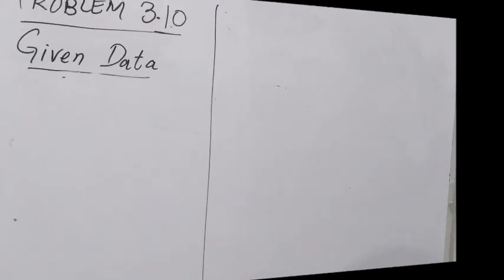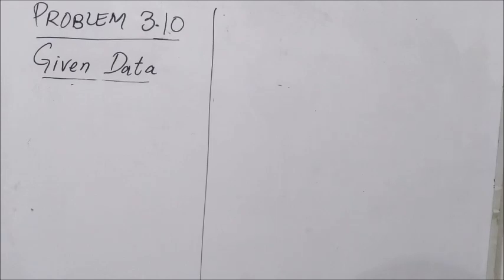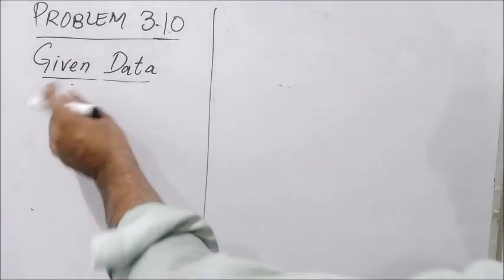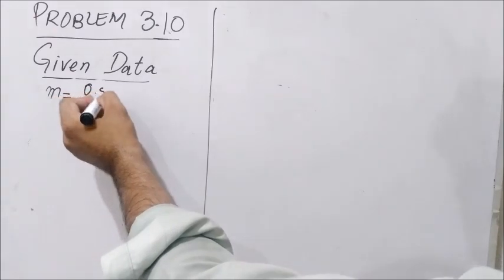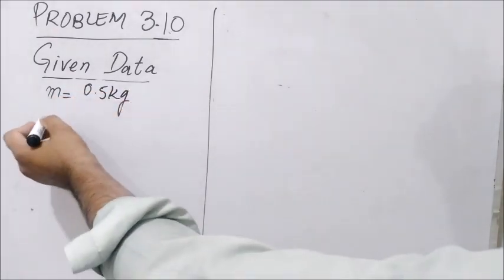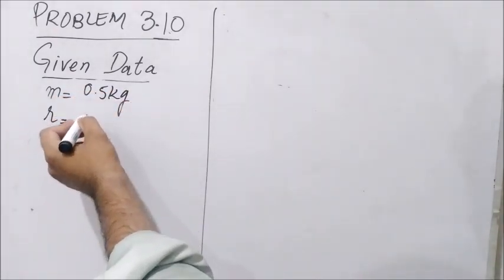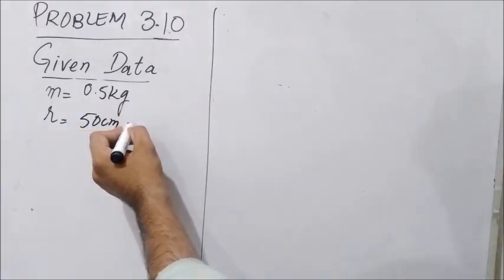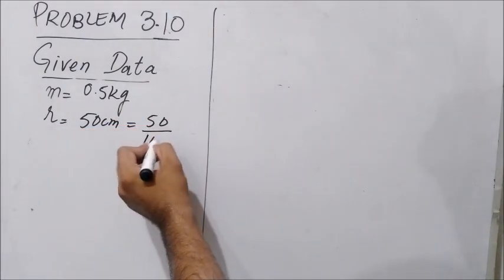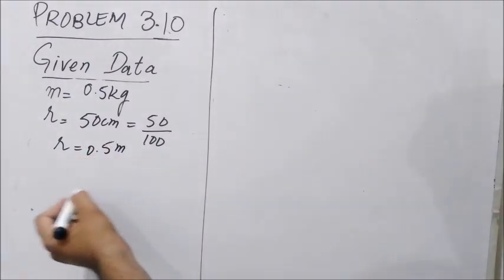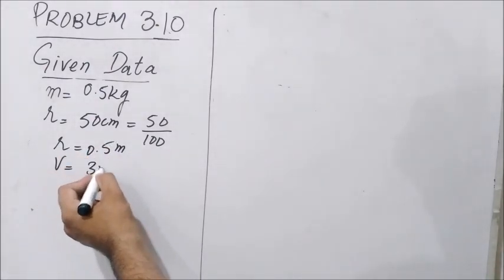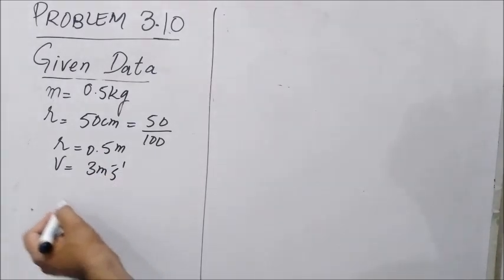In problem 3.10, how much centripetal force is needed to make a body of mass 0.5 kg move in a circle? So the mass is given, 0.5 kg, moving in a circle of radius 50 centimeter. I will convert it into meter by dividing by 100, so it will be 0.5 meter, and the velocity is 3 meter per second.